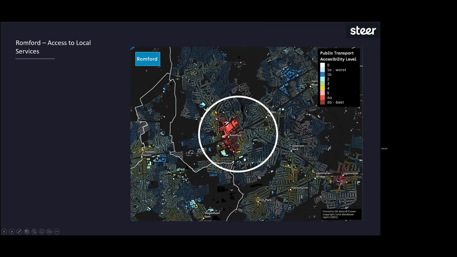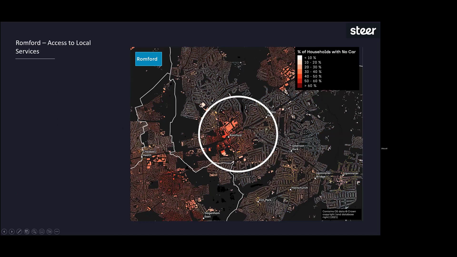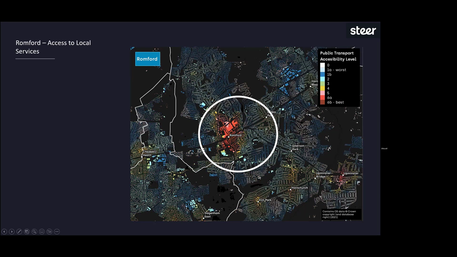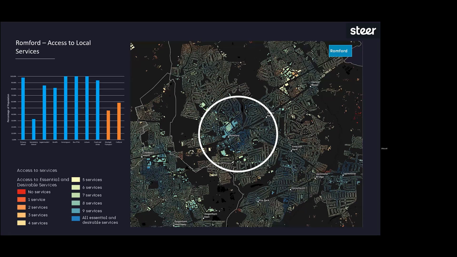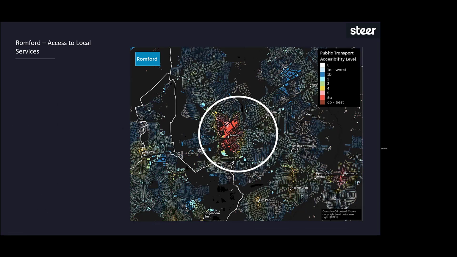So that measure of public transport accessibility around this area is really poor, which probably goes to explain why car ownership is as high as it is in these locations. You can't access the public transport, you don't have access to the services, so your car ownership here is high.